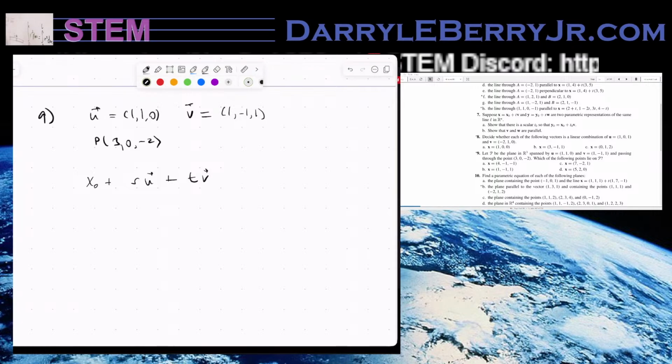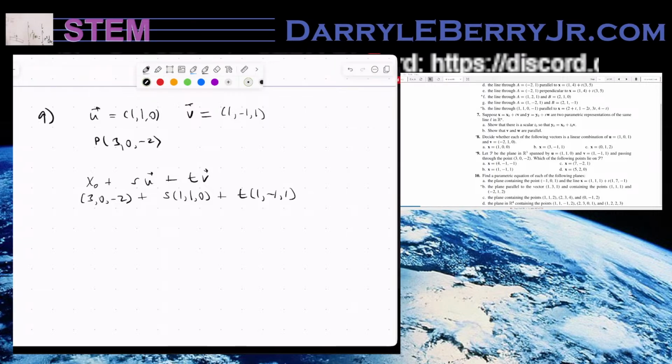So if we were to write this out, it'll end up being (3, 0, -2) plus S(1, 1, 0) plus T(1, -1, 1). And in order for it to be equivalent to the first point, so A is (4, -1, -1), that has to equal (4, -1, -1).